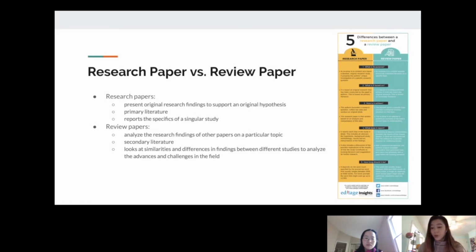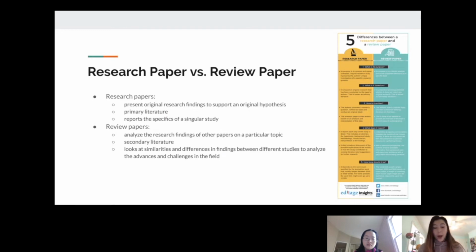Review papers are very different, but also extremely useful in going from individual research breakthroughs to widely relevant advances in a specific field. Rather than presenting original work, a review paper seeks to synthesize and analyze the many existing technologies in a single area of study.